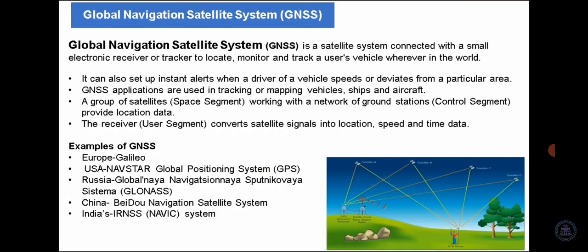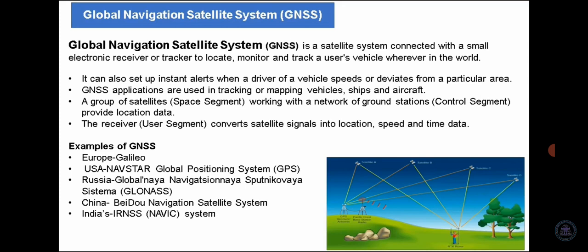Next, we are moving to Global Navigation Satellite System, GNSS. In the 21st century, GNSS has become a part of our life to promote the safety and convenience of transport.